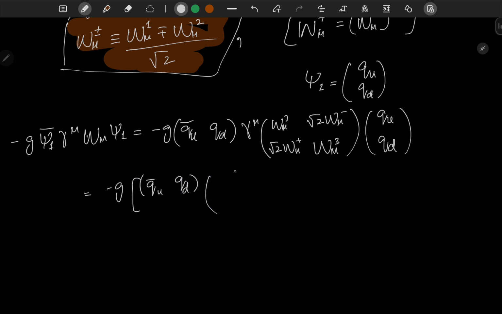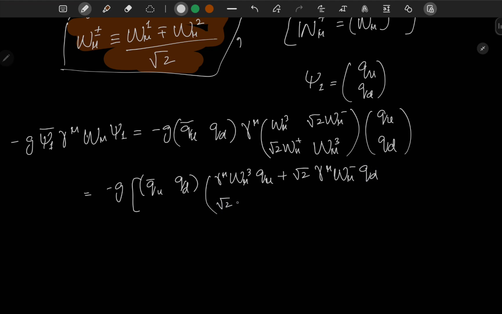And when we multiply gamma inside this matrix, and we multiply this matrix with psi1, we get gamma mu W mu 3 q up plus square root of 2 gamma mu W mu minus q down.